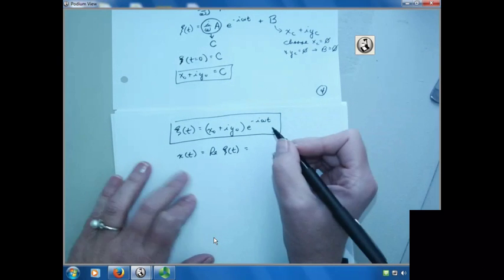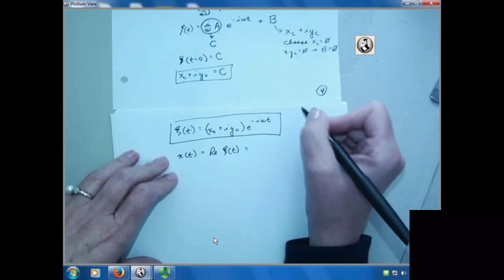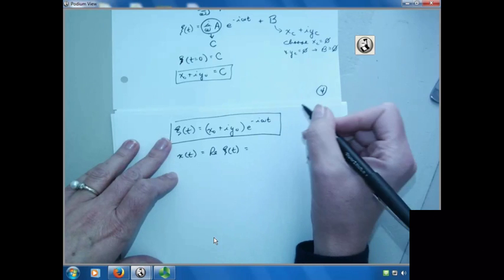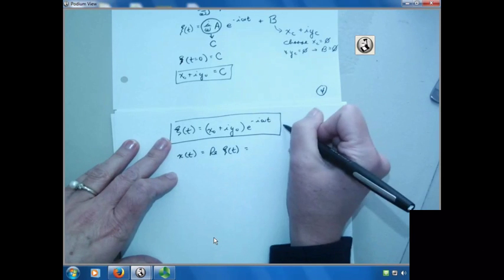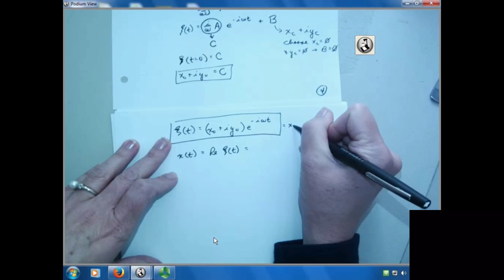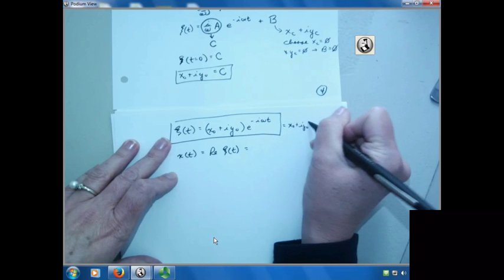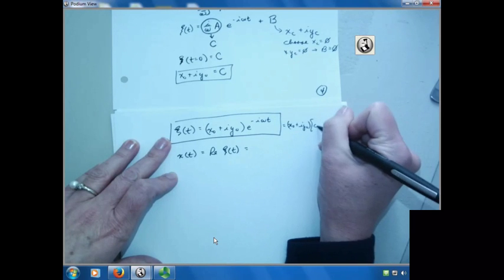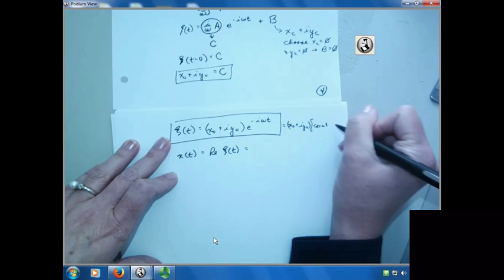So I don't like doing that much math in my head. Hold on for just a second. So let's say equals x naught plus i y naught times cosine omega t minus i sine omega t.